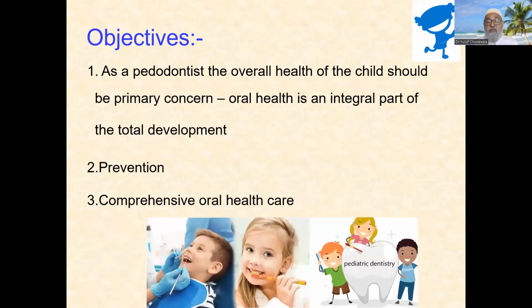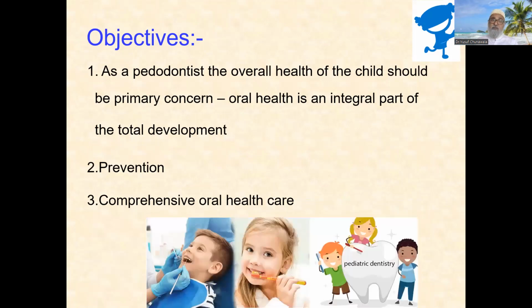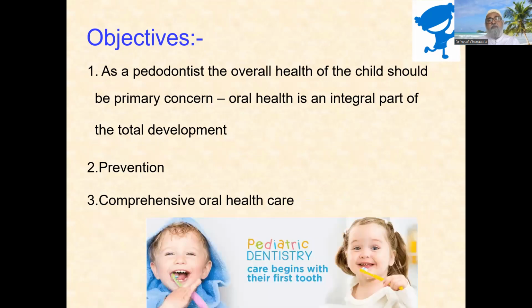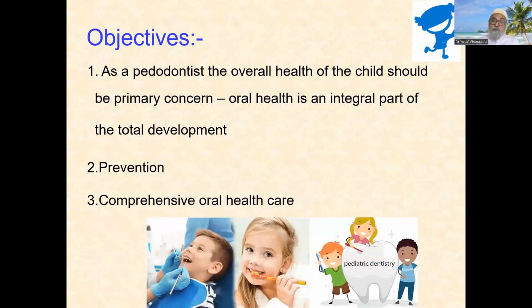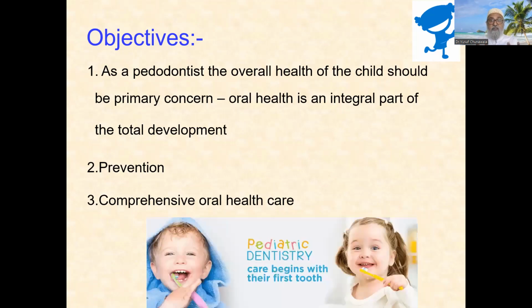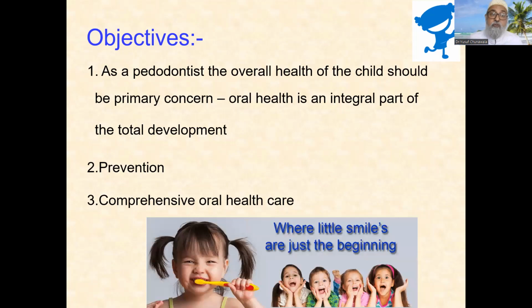Suppose you've got multiple carious teeth, a lot of pain and swelling, so he might not be able to eat properly. And if he doesn't chew properly, what will happen? A series of other problems will also arise. So our aim is to make the oral health so good that it facilitates overall development also.